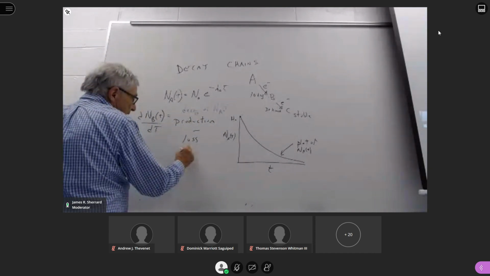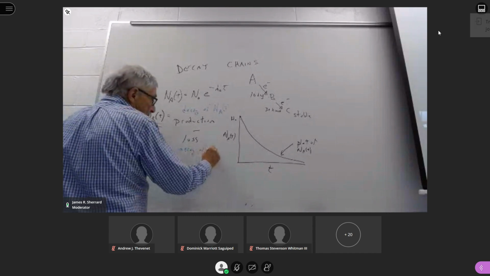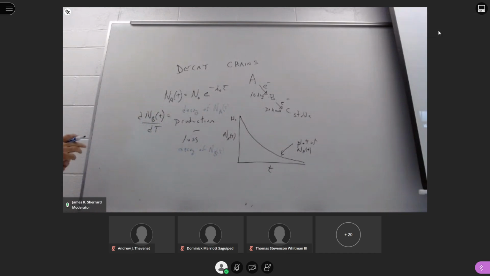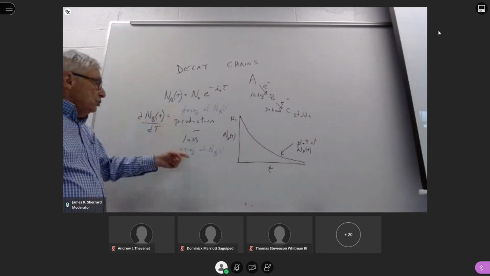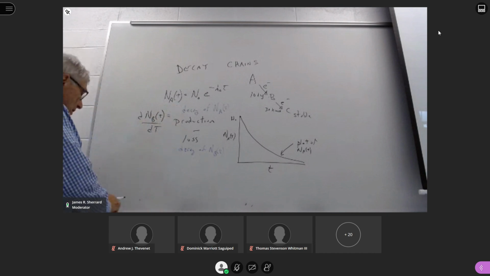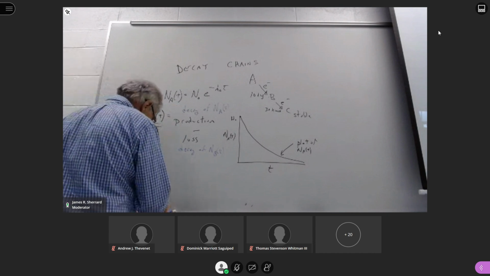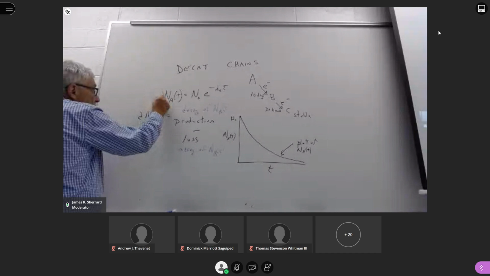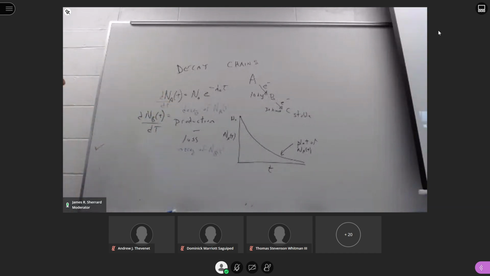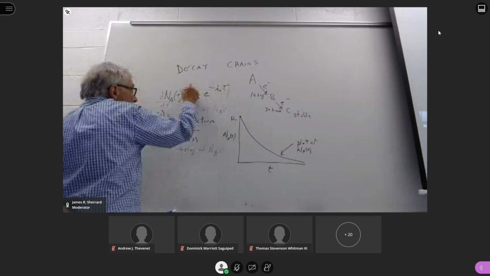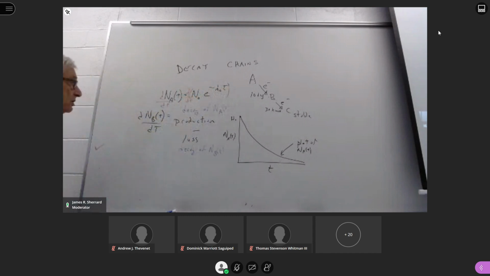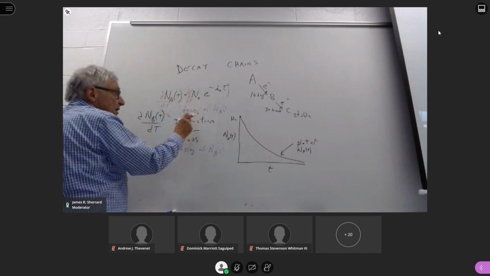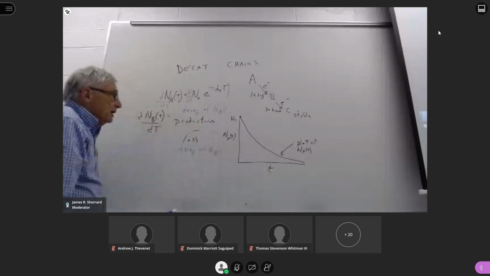The loss is the decay of B's with respect to time. If we can come up with mathematical expressions for these two, which we can, then if we look at the rate of change of N of A with respect to time, this is the loss of A's, which is in fact becoming the production of B's with respect to time.